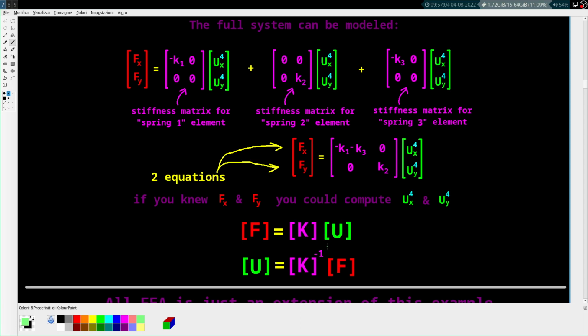Now, it's not always possible to invert this matrix, because if you have a 10 million degree of freedom system, this inverse operation will take a lot of operations, probably too many. So there are ways you could solve it without taking the direct inverse. You can evaluate this in different ways with iteration, but we won't mention those in this video. We will have very small systems that we can evaluate just with the inverse.